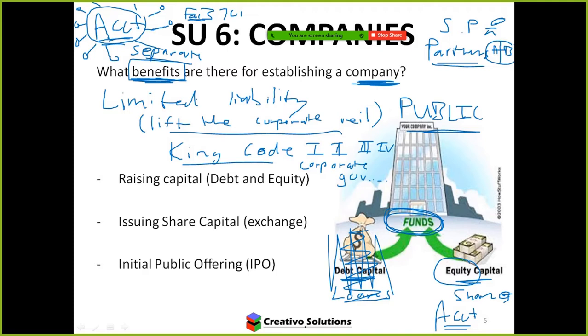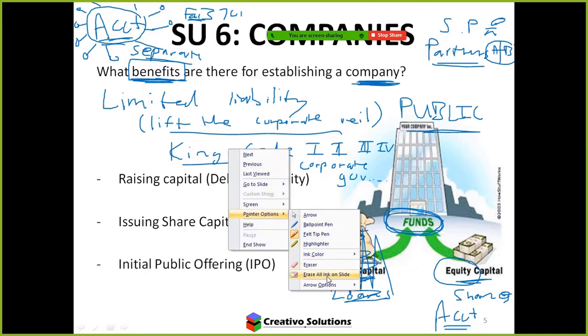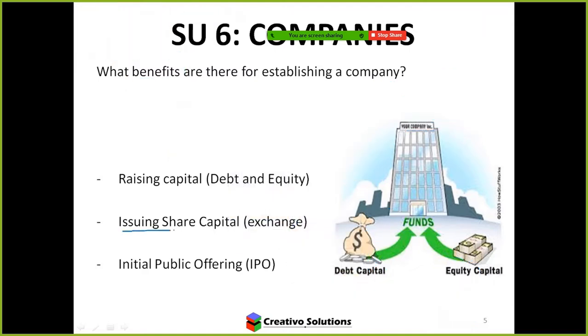Everything is separate. The whole business runs separately, and that's why when you look at companies, we're going to be focusing on the issuing of share capital, because this is unique for the business in terms of its accounting. Now you're not going to have one owner, you could have many. You could have millions of shareholders, in other words, millions of owners.